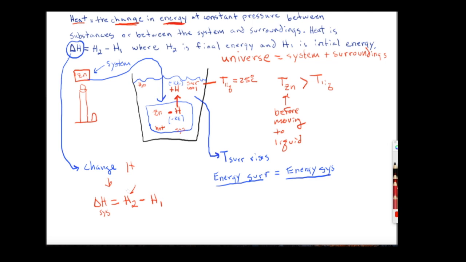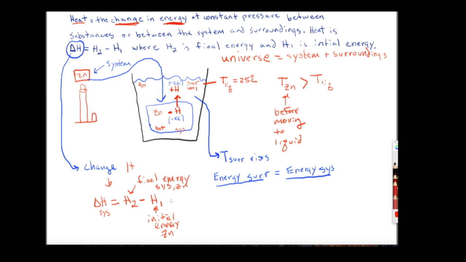This is for the system. So this is final energy of system. That's the zinc, right? Let me put that in here. So this is the zinc. And the H1 is the initial energy, where we started. Initial energy of the zinc.